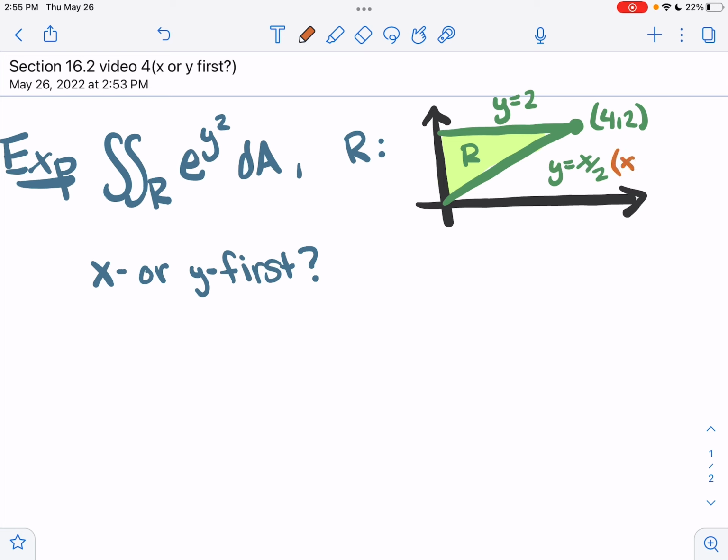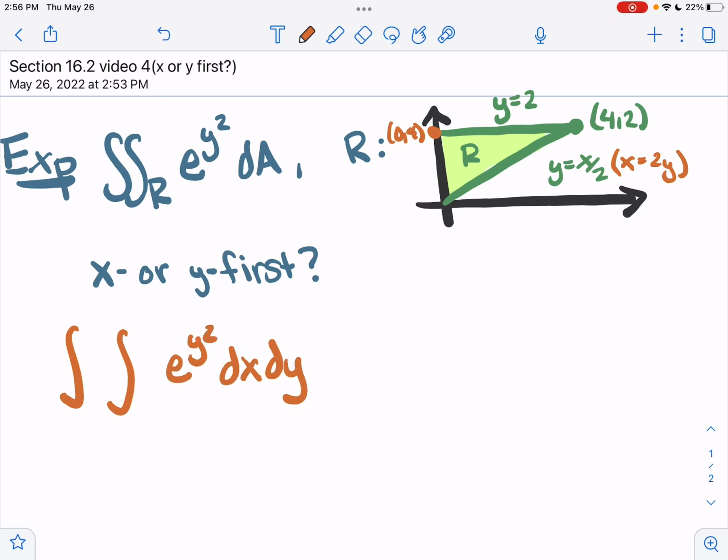This is x equals 2y if we want to write it as a function of y instead of as a function of x. Let's see, this point here, that's (0, 4). I think everything is labeled that we need. So one way we could do this is the integral of e to the y squared dx dy.